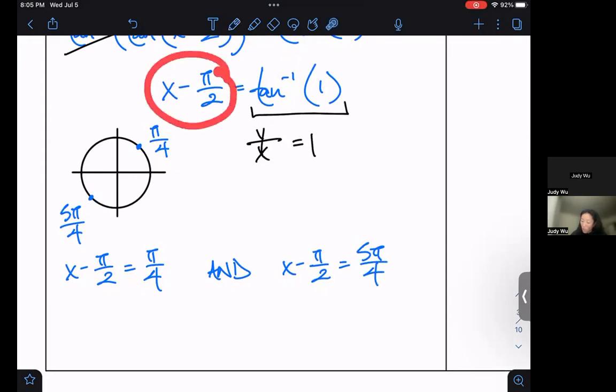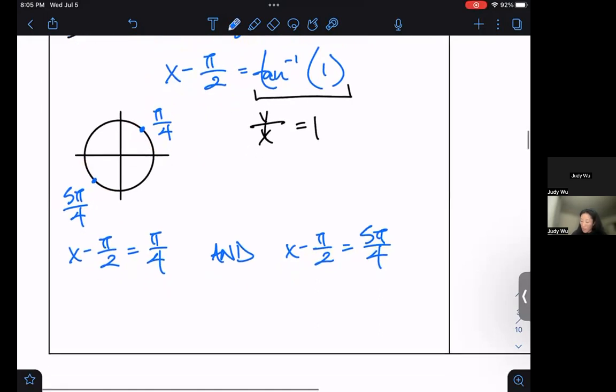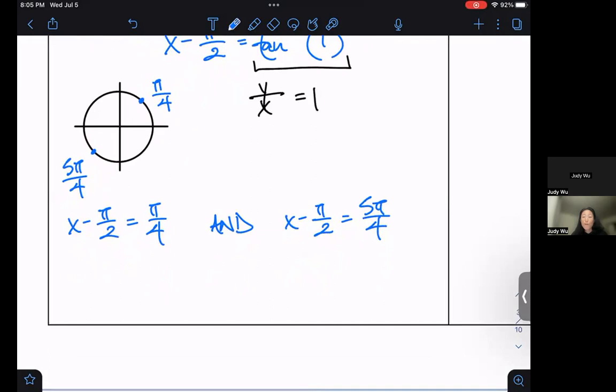Because this whole clump is going to equal this one and this one. So now my last step, just like before, I've got to add pi over 2 to both sides. And I'm going to get x equals pi over 4 plus pi over 2, and x equals 5 pi over 4 plus pi over 2.